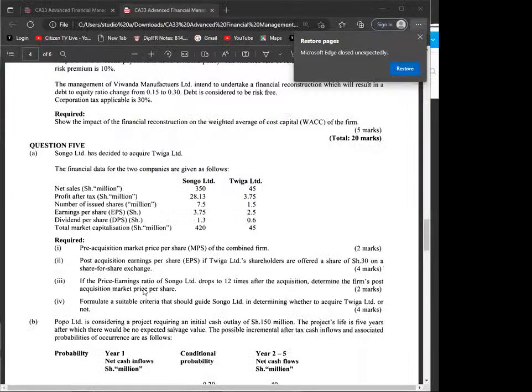So Roman 3. If the price earnings ratio of Songo Limited drops to 12 times after the acquisition, now they want us to determine something very nice that we used to snatch 2 marks from students.